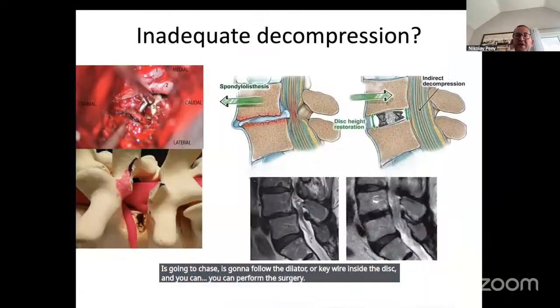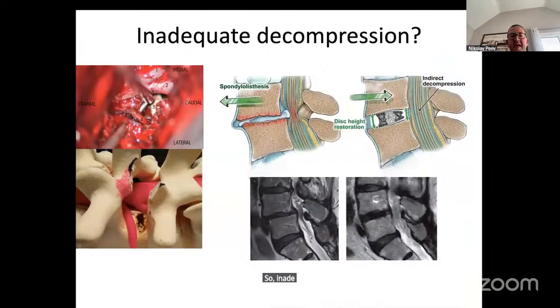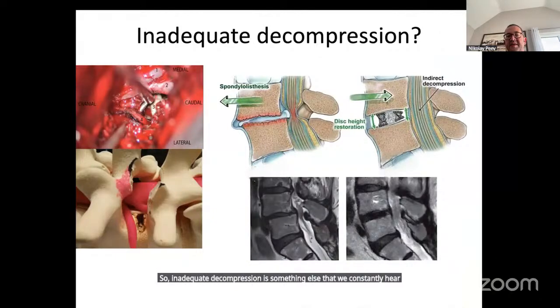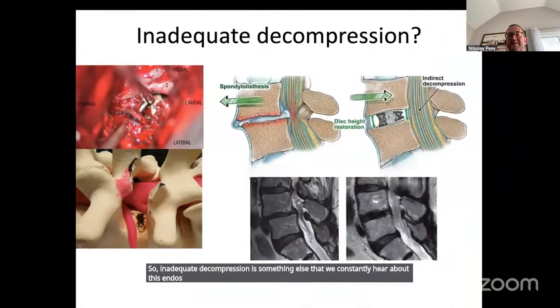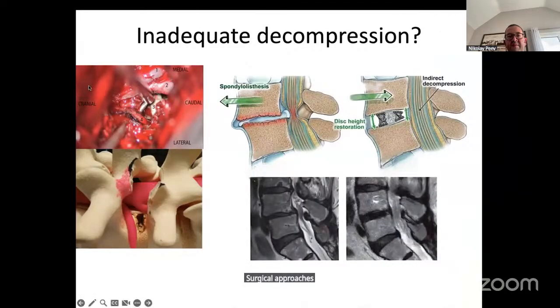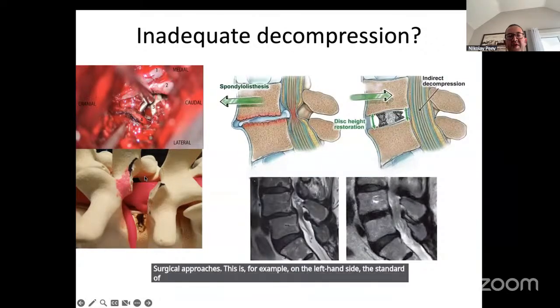So inadequate decompression is something else that we constantly hear about with endoscopic and minimally invasive surgical approaches. This is, for example, on the left-hand side, the standard of the decompression that we can do if we do minimally invasive TLIF.